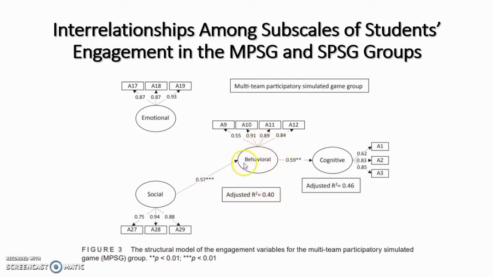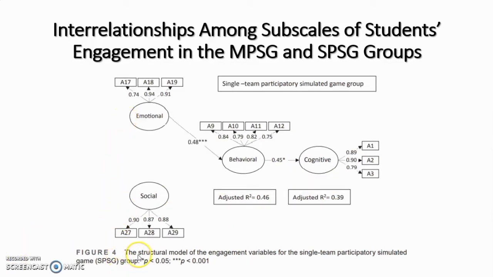Whereas behavioral engagement was a significant and positive predictor explaining the variation in cognitive engagement, where the path coefficient equals 0.59 and adjusted R-squared equals 0.46.